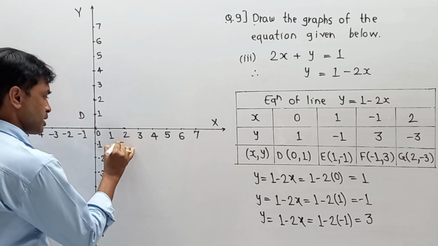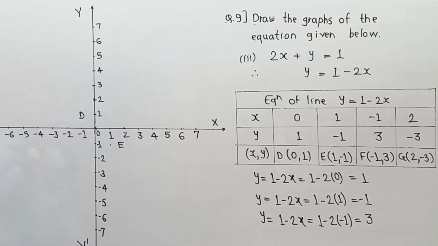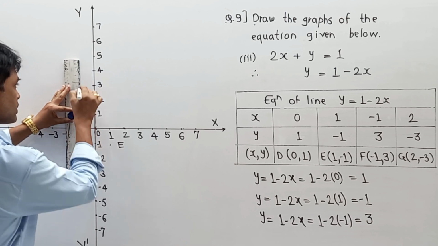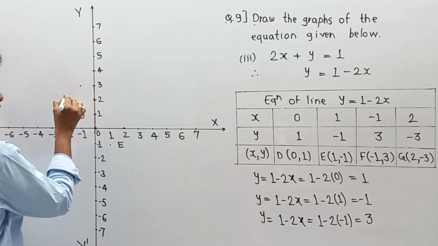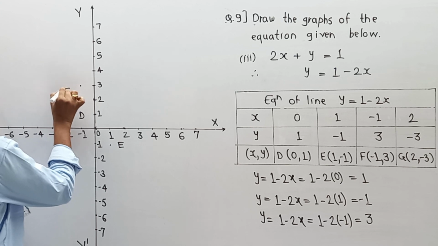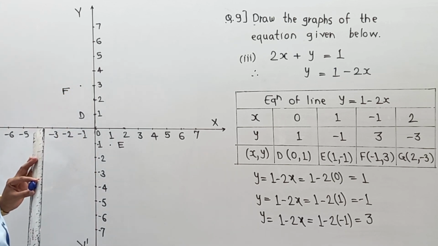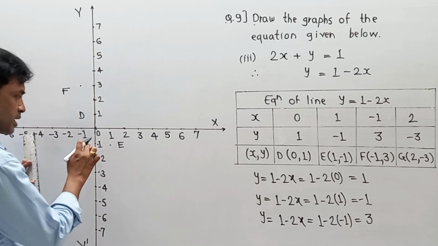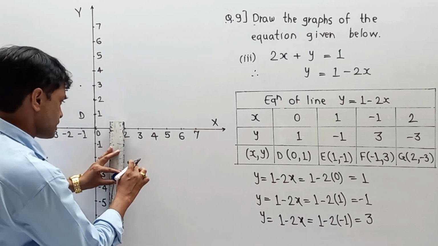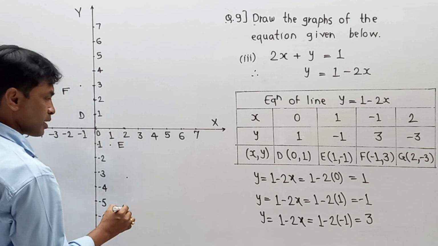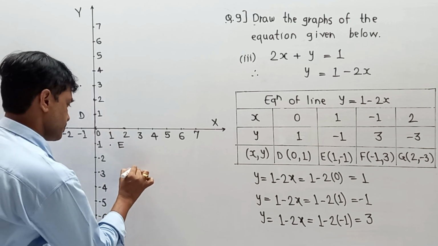This point is E. Next F, minus 1, 3. X is minus 1 and y is plus 3. So it is over here. F. And last G. X is 2 and y is minus 3. So it is G.